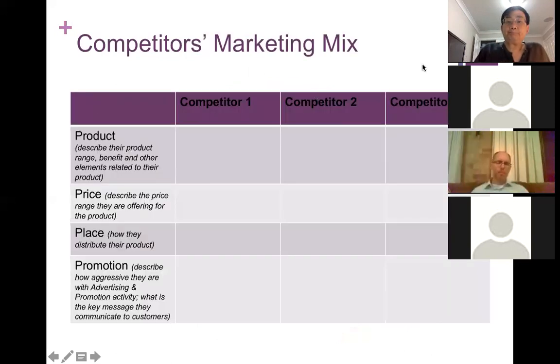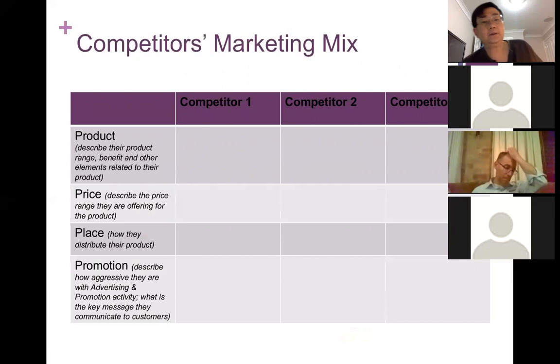Now, I would also recommend you to review the competitors' offering. Here I recommend you to look into the marketing mix variables of the competitors: the product, the price, the placement, and the promotion. What products do they offer? They may offer a range of products. That's fine. List down briefly the major ones, and you can also mark the flagship of the products.